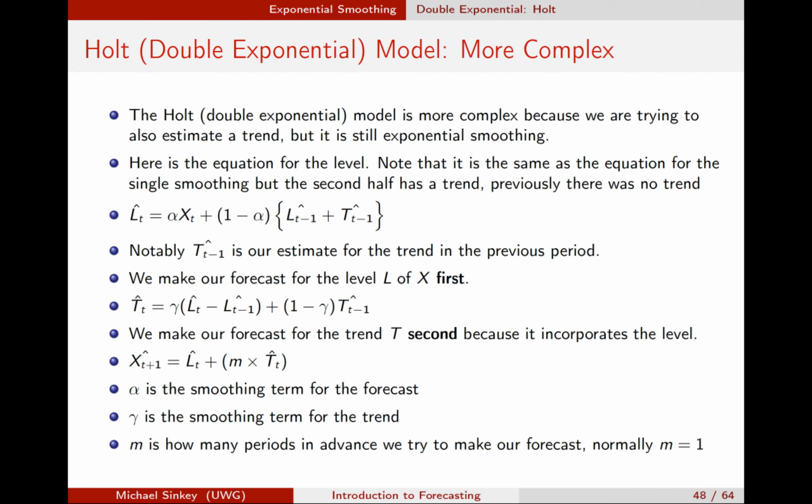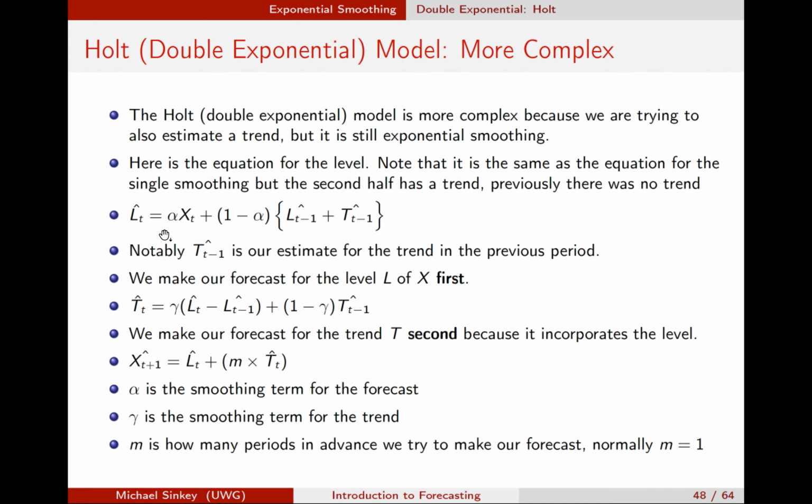And unlike the previous forecasting techniques where there's just been one equation, here we have an equation to make the forecast, which is what we've been doing, but then we have an equation that guides the level component of the forecast and an equation that guides the trend component. So when we make the forecast, it's being fed into by 2 other equations.